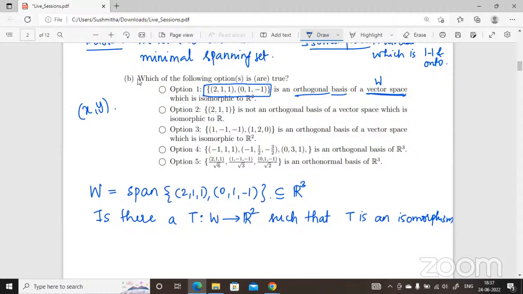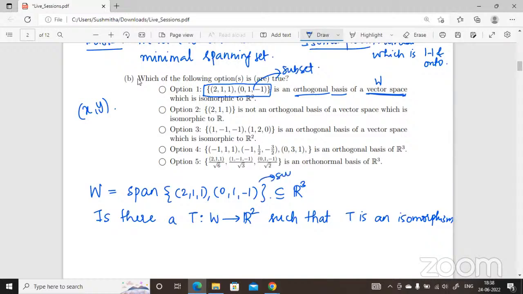Is a subspace called a subset? Subset means it's just a set. Subspace means it is a subset which is also a vector space. So this set, (2, 1, 1), is a subset, but W is a subspace.